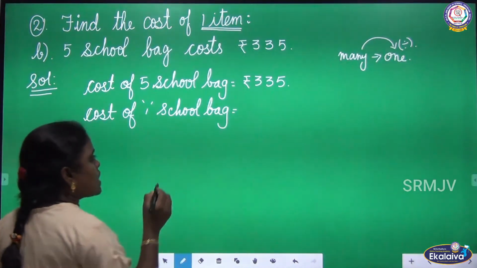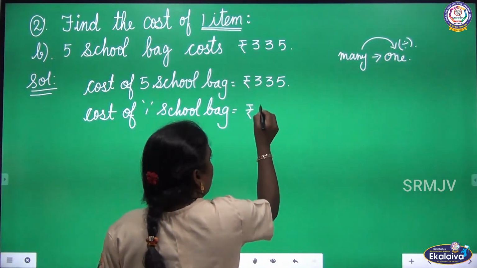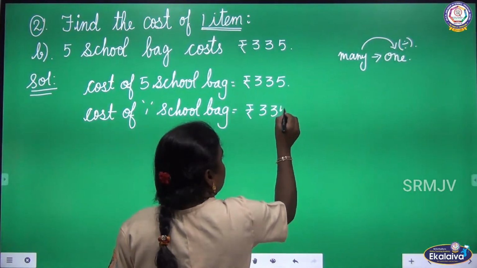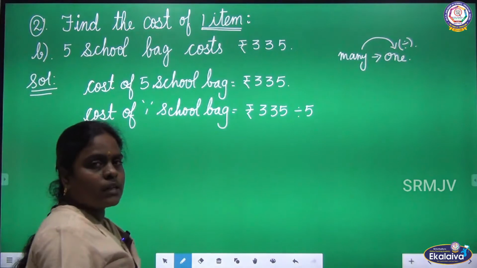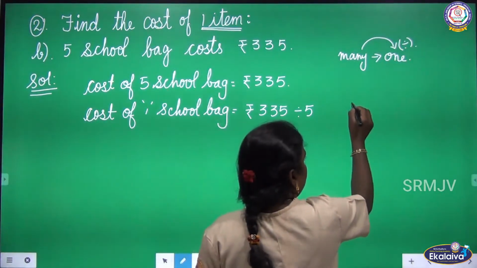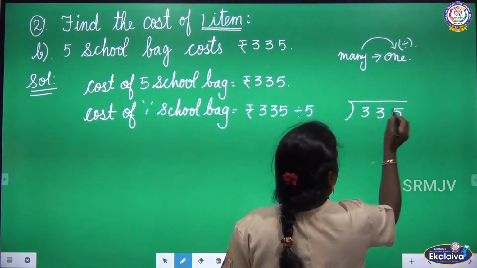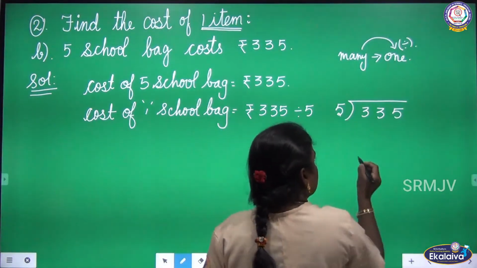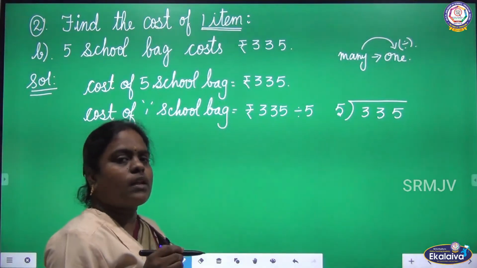To find the cost of one school bag, we are going to divide the given amount 335 by 5. So let us divide the number 335 by 5. If you take one digit, it is smaller than the divisor.